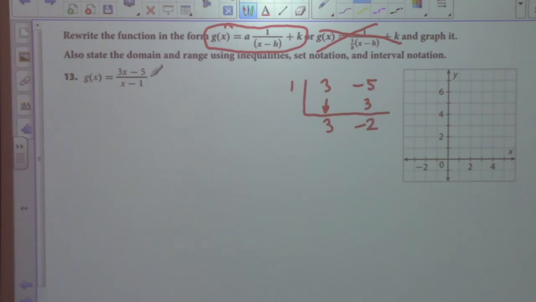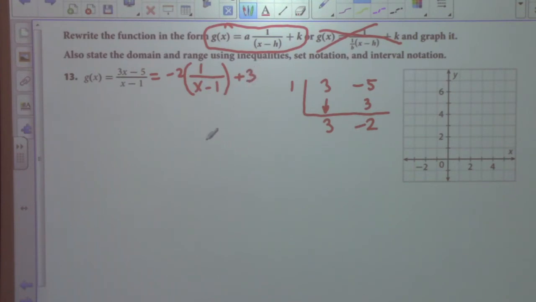And so what this is going to be is our remainder, which is -2 times 1 over x minus 1. You keep that same divisor there, right? And then plus 3.